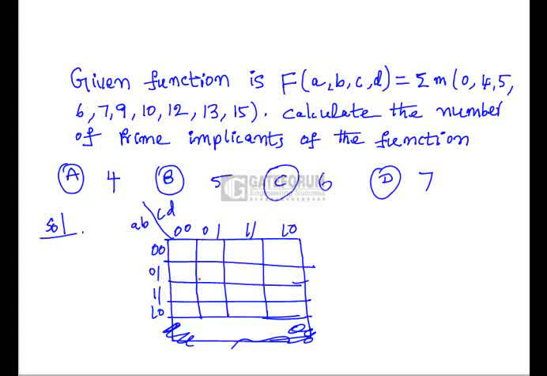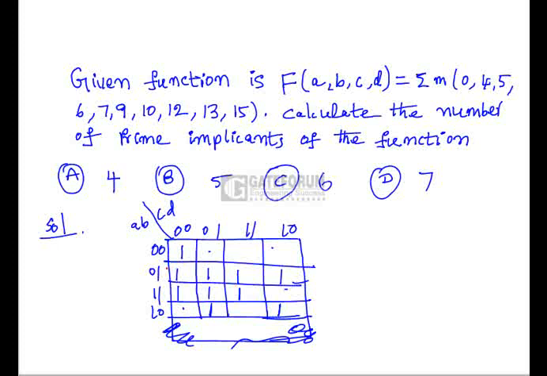So the minterms are 0, 1, 2, 3, again 4, 5, 6, 7, again 8, 9, 10 and 11. 11 is not producing one. Again 12, 13, 14 and 15. So these are the minterms that are producing ones.